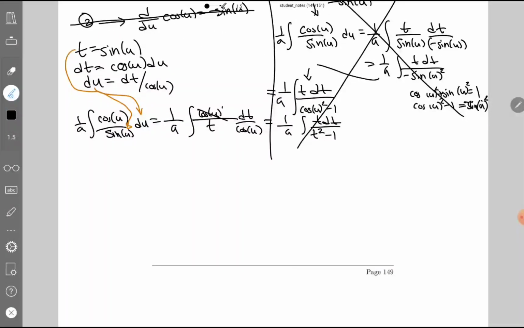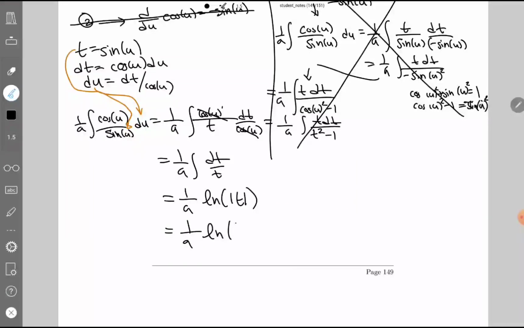Okay, and this time cosine of u and cosine of u cancel, so we get 1 over a dt over t. This is so much easier. That we know. So let's plug these in. What does t equal? Well, t, remember, is just sine of u.